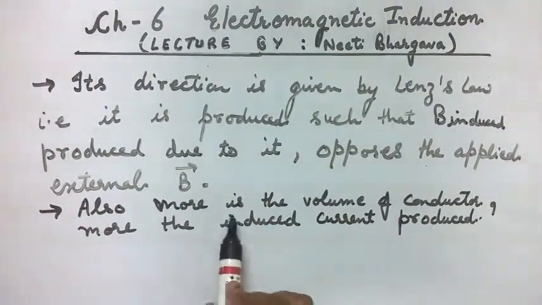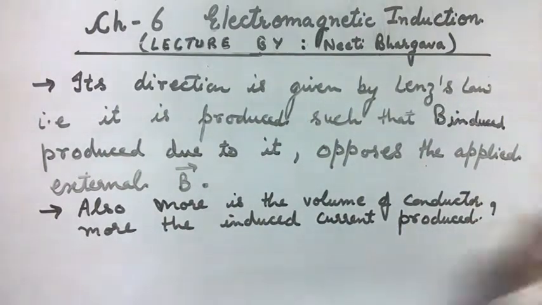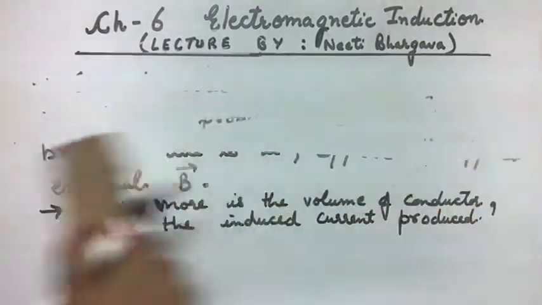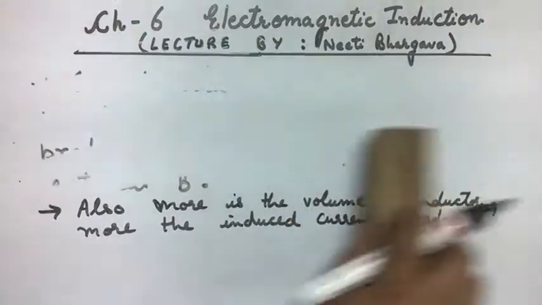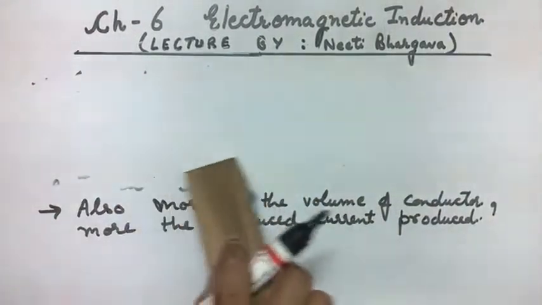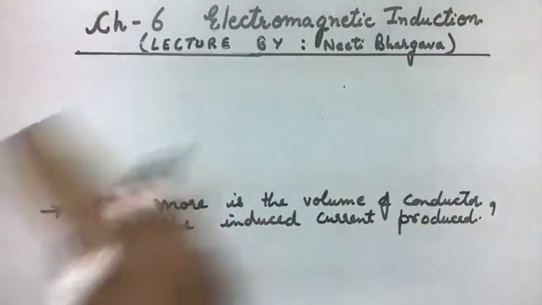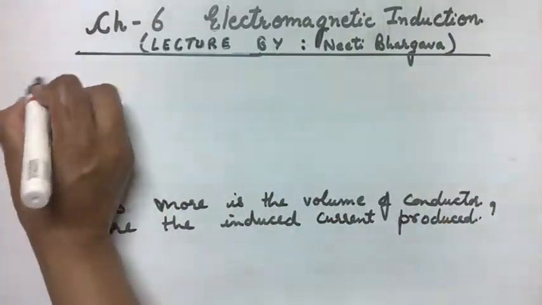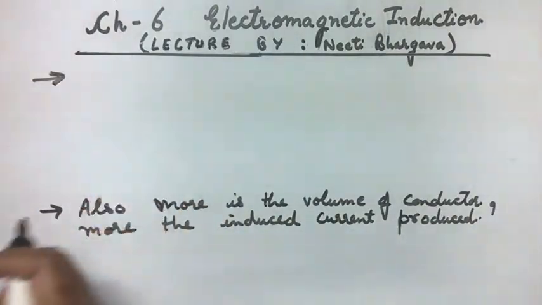And if the volume of a conductor is less, then the eddy currents are less. Therefore, if we decrease the area or cut it into slots, then eddy currents will also reduce. We will use it as an advantage in some applications, and we will also study its disadvantages.